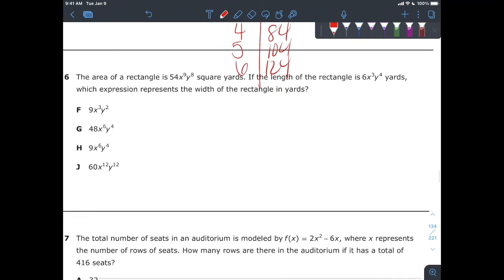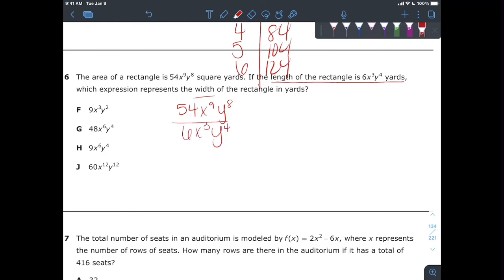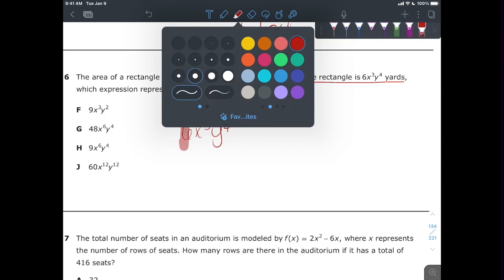The area of a rectangle is 54x to the power of 9, y to the power of 8 square yards. If the length of the rectangle is that, which one represents the width? So in order to get that, I need to divide these guys. And of course, I'll break them apart by what kind they are.